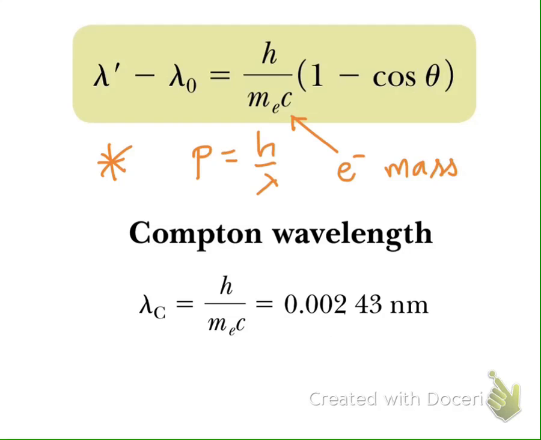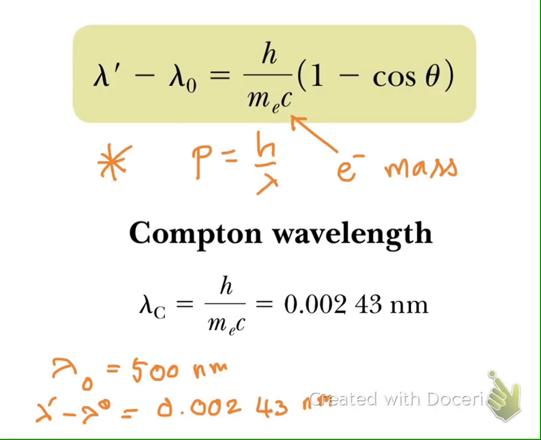For example, if lambda zero is 500 nanometers and lambda prime minus lambda zero is 0.00243 nanometer, you can see that the change of the wavelength is very small compared to the incident light, and there is no noticeable effect if the incident light has a long wavelength.